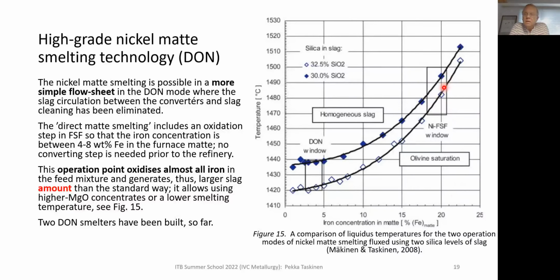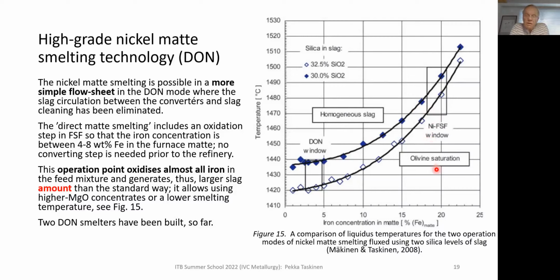And when we oxidized iron further in the flash melting furnace and adjusted the silica concentration of the forming slag, so we were generating much more slag, and its melting point was much lower, from 1420 to 1440, so a decrease of some 60 up to 80 degrees centigrade.